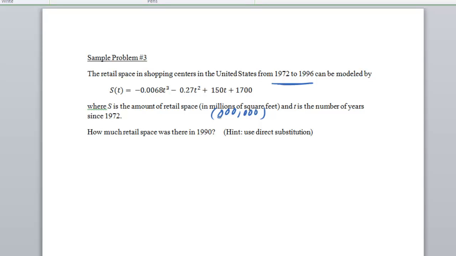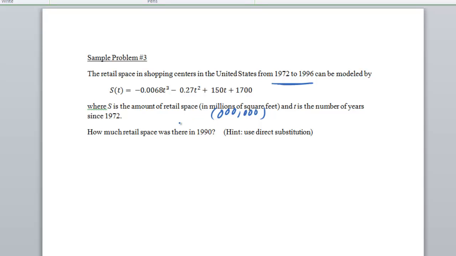And T is the number of years since 1972, and that's another very important situation. Whatever year we're given, we don't want to put it in terms of the year, but subtract 1972 from that year, so that we get T in terms of years, not the actual year. So a couple of things going on here.